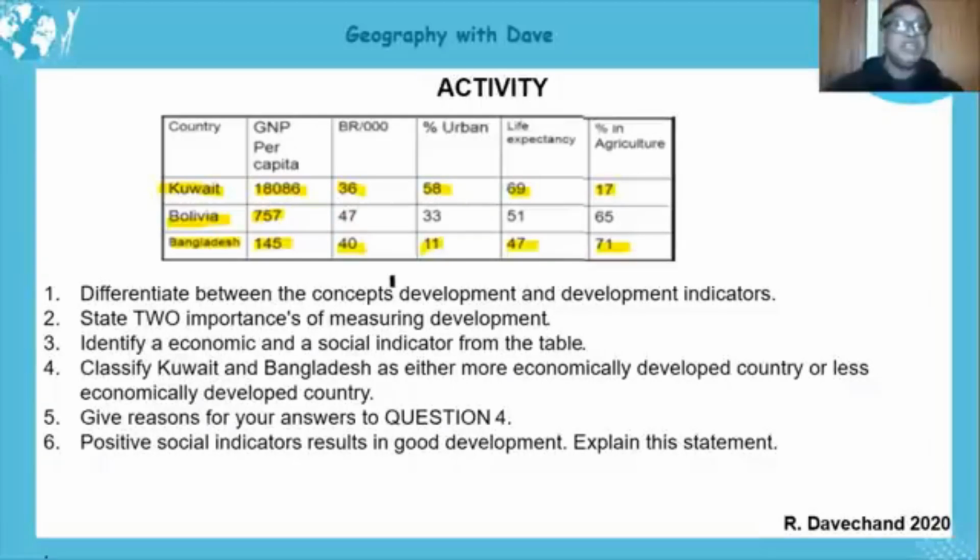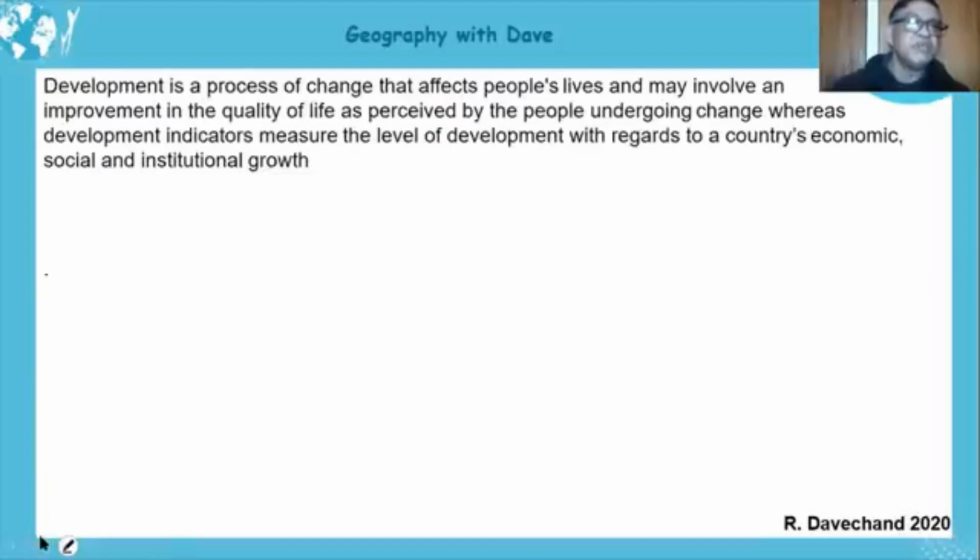First question says differentiate between the concepts development and development indicators. Let us be careful if it says differentiate. I just took the one straight from the notes to illustrate something to you. Development is a process of change that affects people's lives, and it may involve the improvement of quality.